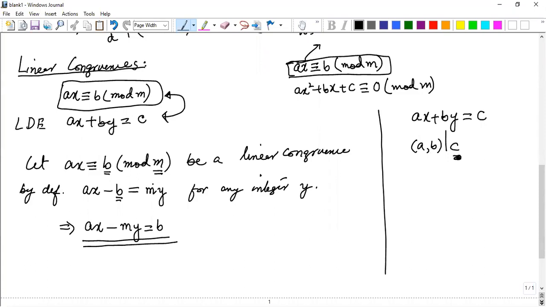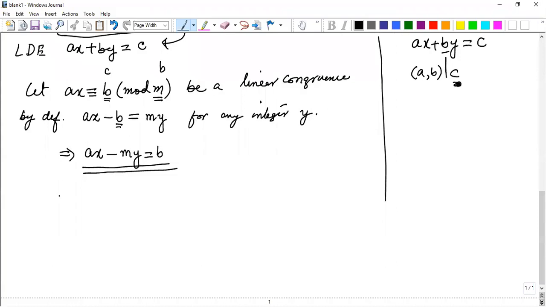And b is the coefficient of y, so the coefficient of y is m here. So this is b in the linear congruence, and this is c in the linear Diophantine equation. So the condition to solve a linear congruence is that the GCD of a and m must divide b.